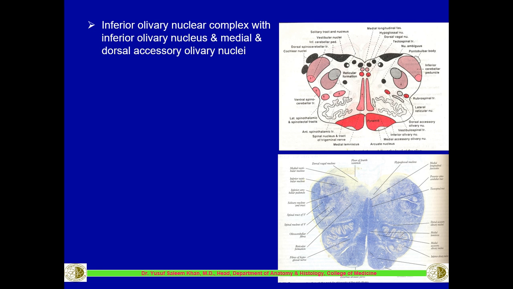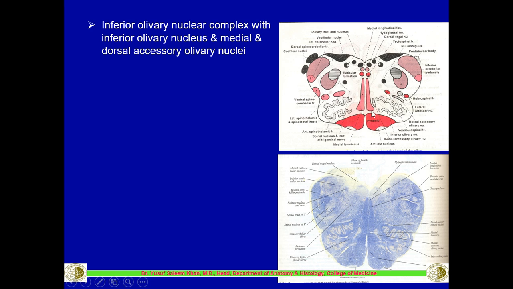Apart from that, on the ventral side you can see the inferior olivary nucleus. As we said, this section is at the mid olivary position, so you can see the complete inferior olivary nucleus. This inferior olivary nucleus will form a complex with some of the other structures like the medial as well as the dorsal accessory nucleus.